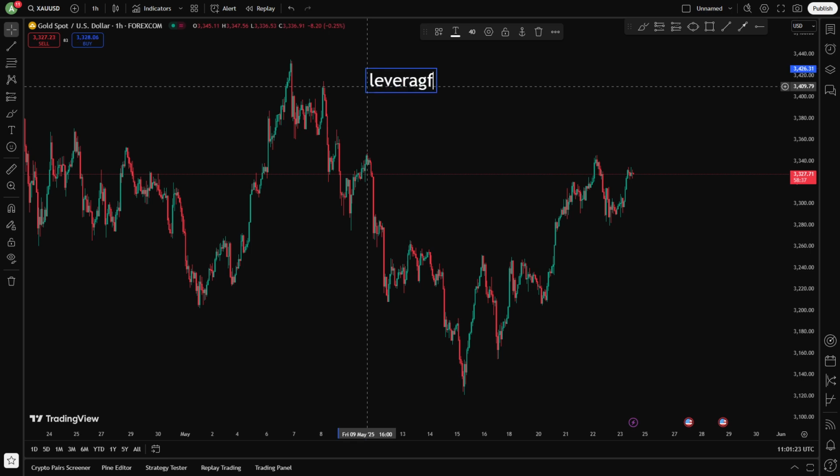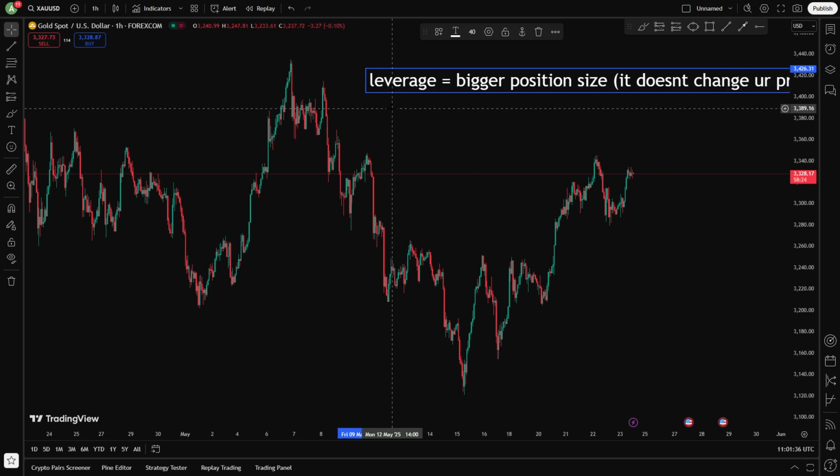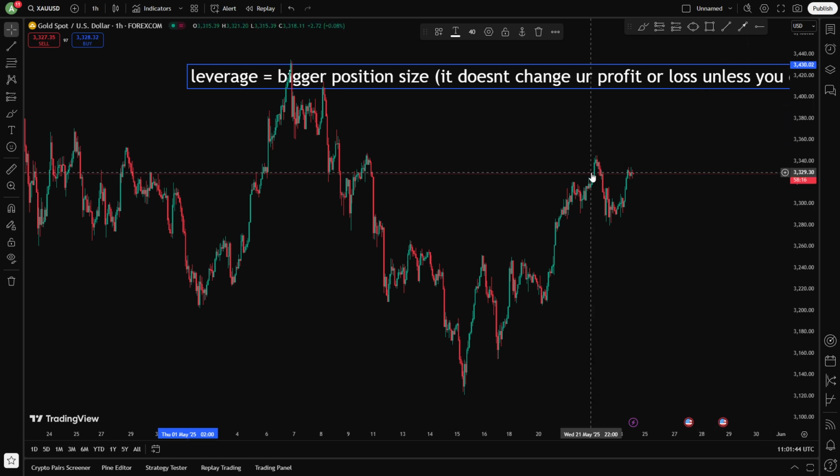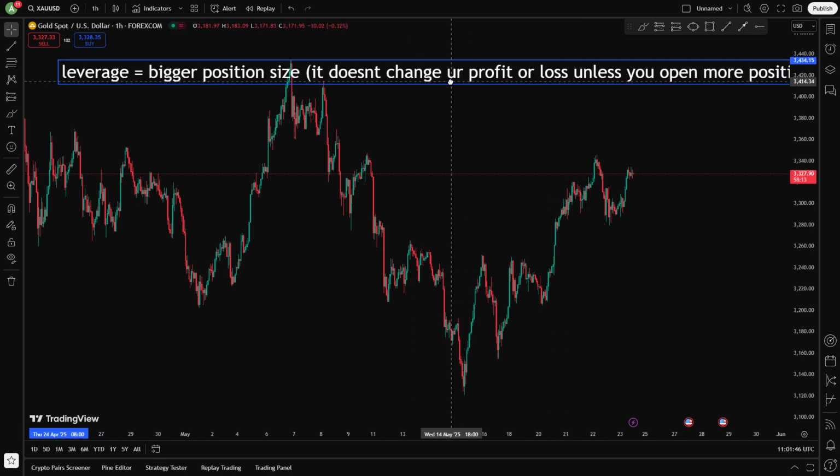Leverage gives a bigger position size. It doesn't change your profit or loss unless you open more position.